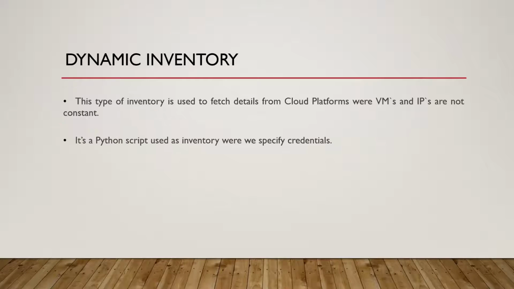To avoid all these things, there is something called dynamic inventory. Dynamic inventory can be filtered using tags. There is a concept called tags and labels. We can tag a VM in VMware, or we can tag a VM in Azure. Based on whatever input tags or labels we give, it will filter the VMs.